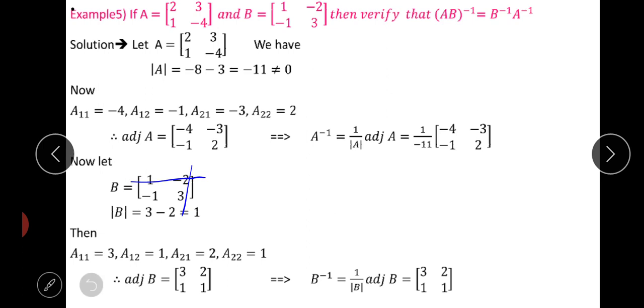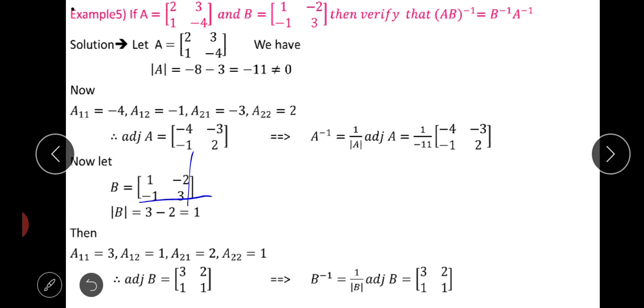Then the cofactor of A21: delete the first column and second row, we get the minor of A21. Then (-1) to the power 3 is -1 into -2, plus 2 we get. Then the cofactor of A22: delete the second row and second column, we get 1, and 2+2 is 4, (-1) to the power 4 is plus 1.